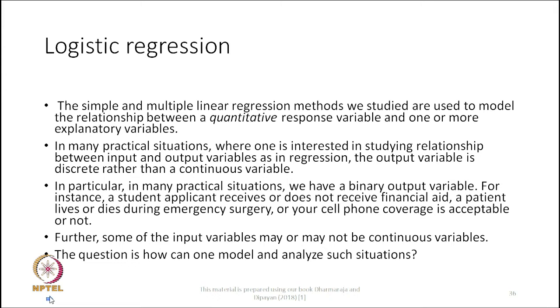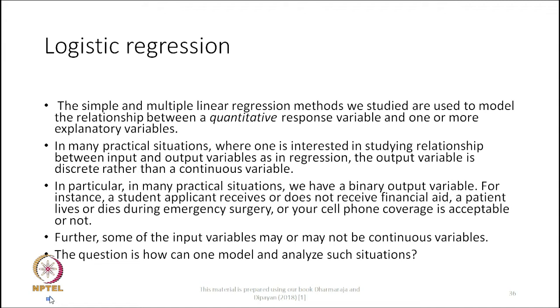For example, a student applicant receives or does not receive financial aid. Another example, a patient lives or dies during emergency surgery. A third example, your cell phone coverage is acceptable or not. In all those examples, the output variable is of the binary form.